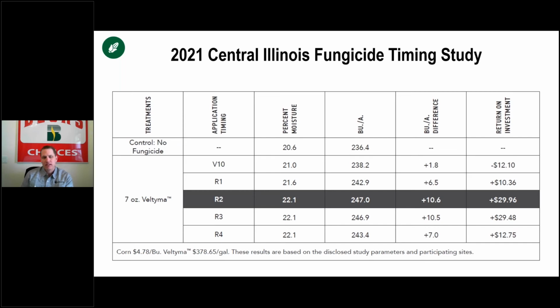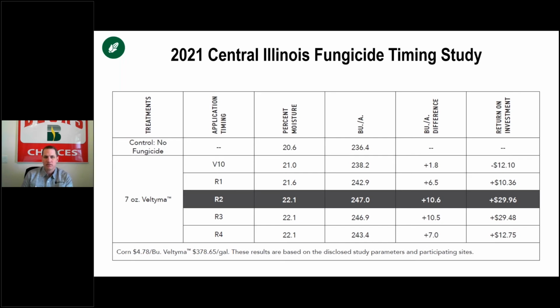So after seeing this data, after seeing what happened in commercial fields and your folks' fields out there, I've changed my management recommendation, especially for tar spot and southern rust, that if we're clean at an R1 time frame, we may delay that application a little bit, especially if we have our own application equipment, a high clearance sprayer, or work tight with the aerial applicators, and we can get it done when we want to.